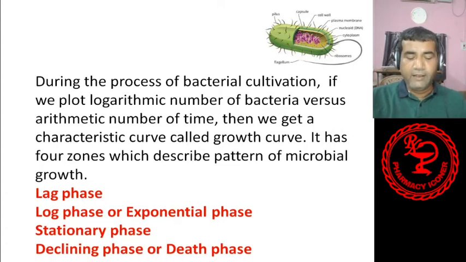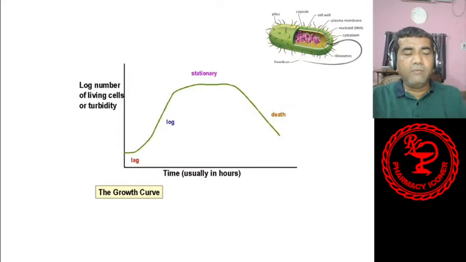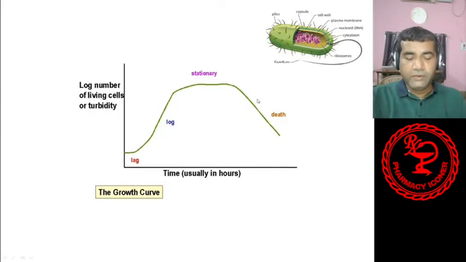Then we will get a characteristic curve like this one. Initially growth does not occur, then rapid growth occurs, then like this, and then growth falls. So this is called the growth curve.